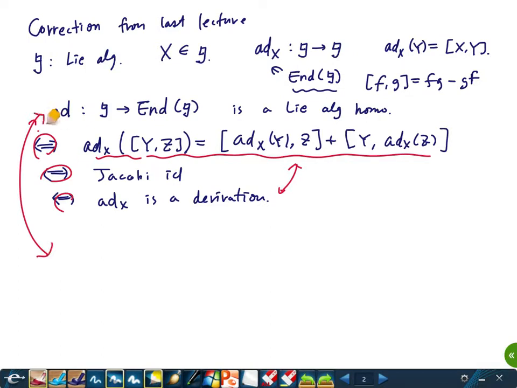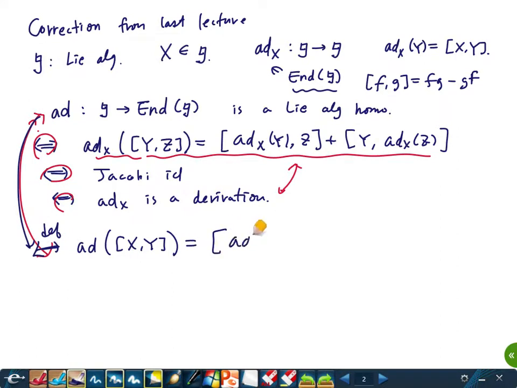the better way of writing this, let's just look at the definition. What's the definition of Lie algebra homomorphism? This means ad of [X, Y], by definition, equals [ad X, ad Y], right?